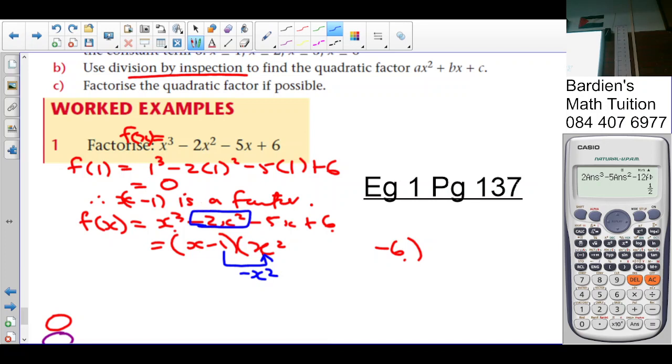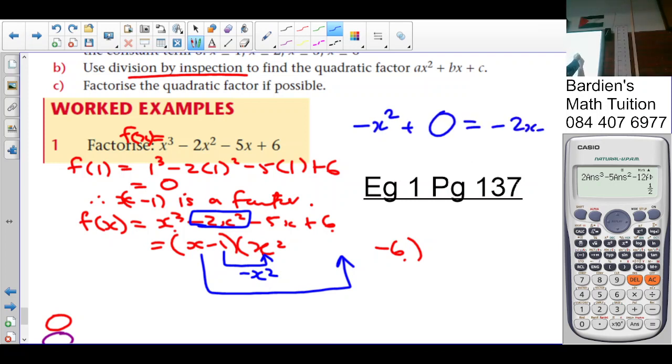So the question you ask yourselves: what must be added to negative x squared to get negative 2x squared? To solve that, we take that over the equal sign. So it's negative x squared plus x squared, which is negative x squared.